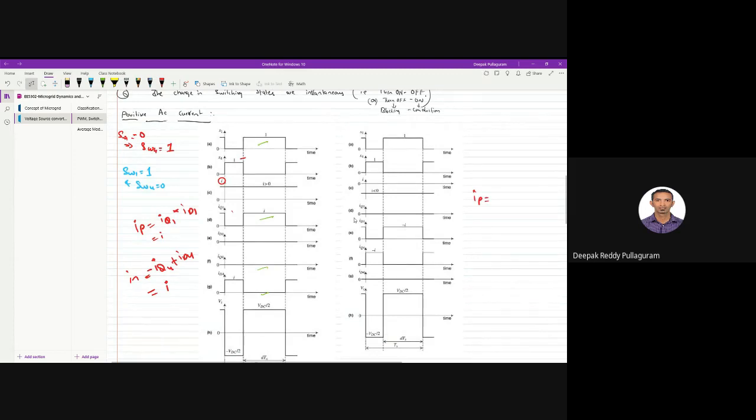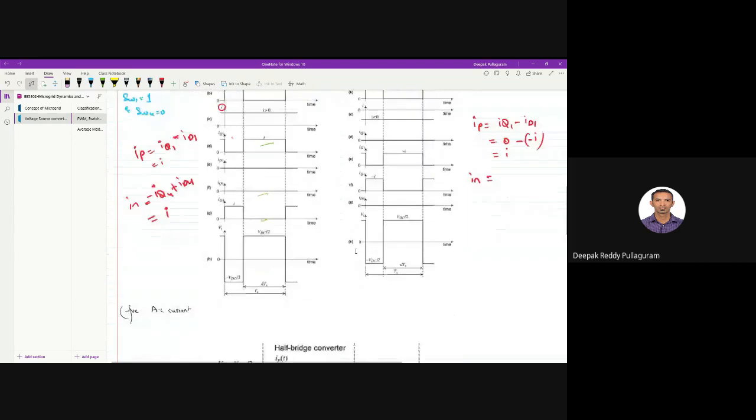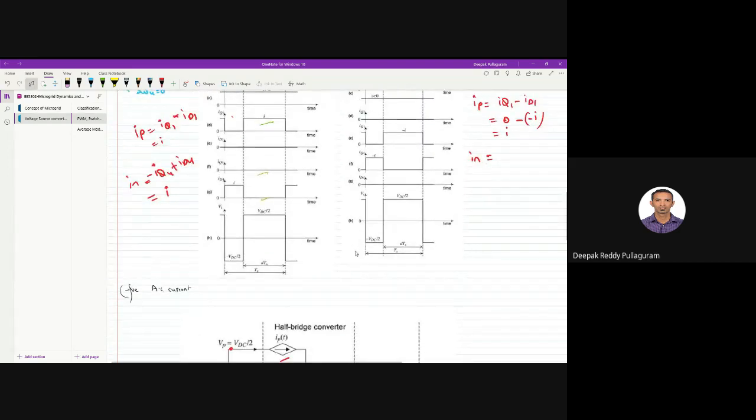IP, how do I define it? IQ1 minus ID1. What happened to IQ1 during this state? Zero. And what happened to ID1? It is zero. When it is conduction mode, what is ID1? Zero. So it becomes positive: this is zero, and minus of minus I comes as I. Similarly, what happens to IN here?